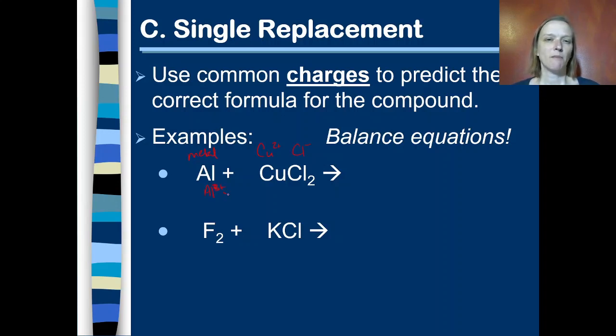So it's going to boot away the copper and pair up with the chloride. Opposite charges attract. So aluminum with the chloride ion, +3, -1. The formula is going to be aluminum with 3 chloride ions. The copper cannot disappear. The copper is still there, but it becomes just solid copper. It doesn't have a charge anymore.